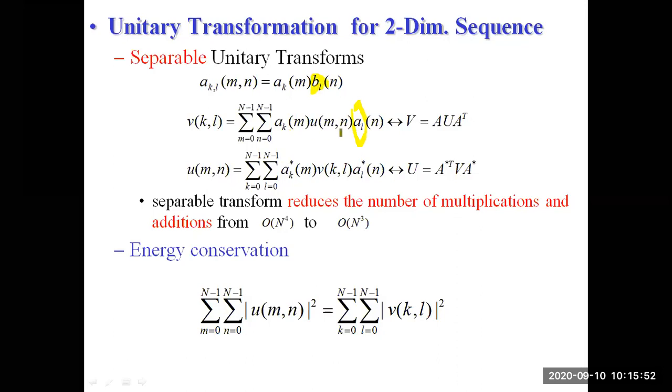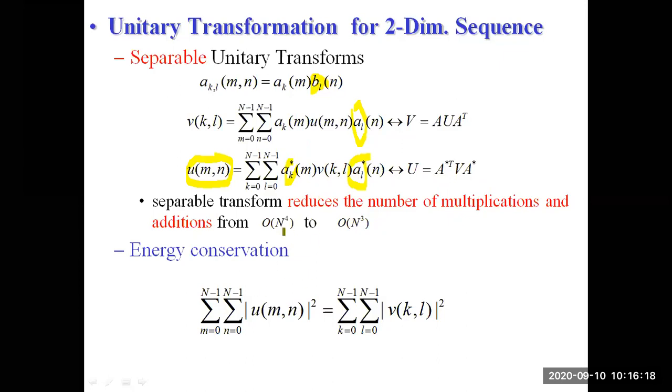So for a k, a l, separable means the same. If you want to get U of m comma n back in the spatial domain or time domain, use the conjugates, a k star and a l star. And this expression can be written in the form of matrices.